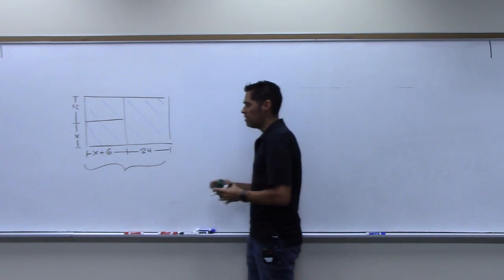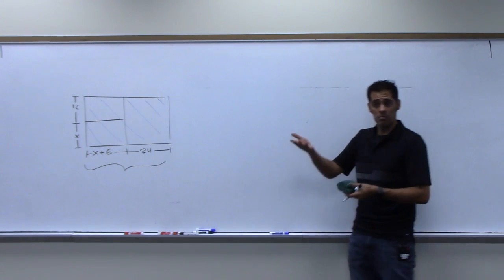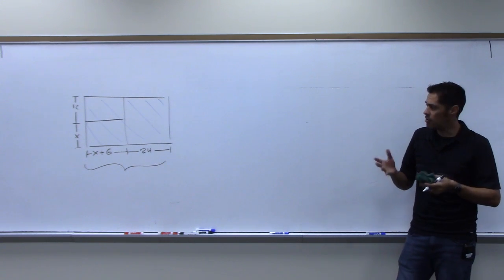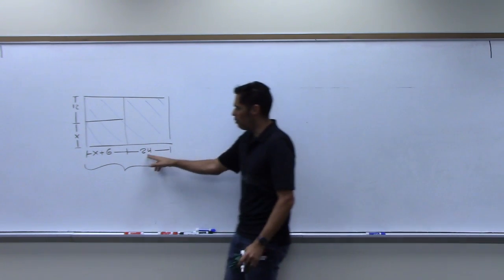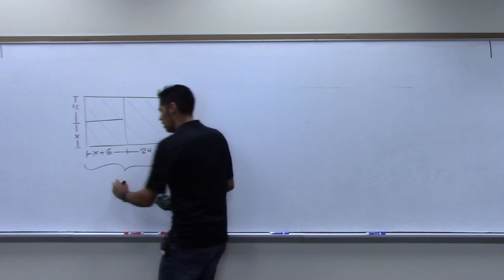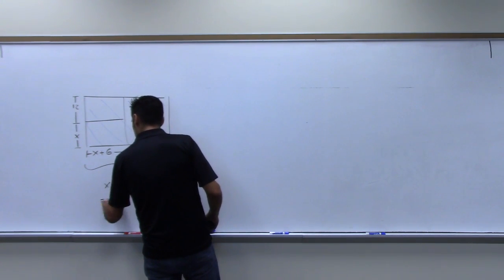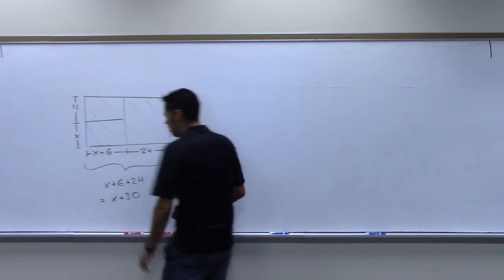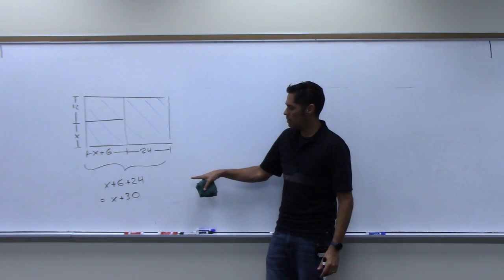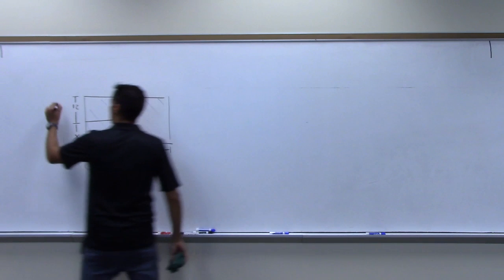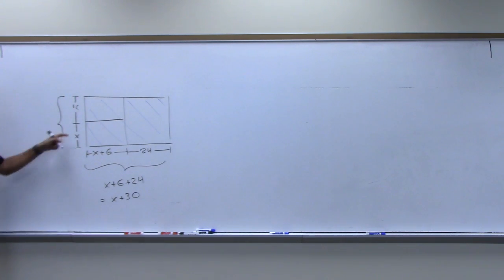Add those two together. What's x plus 6 plus 24? X plus 30, right? Because all you're doing is you're adding 6 and 24 together. So this is really x plus 6 plus 24, which equals x plus 30. That's how long that side is. And this side, the entire length is x plus 12.